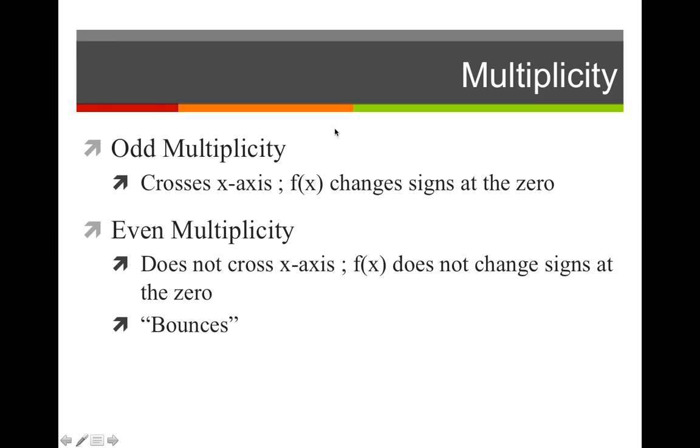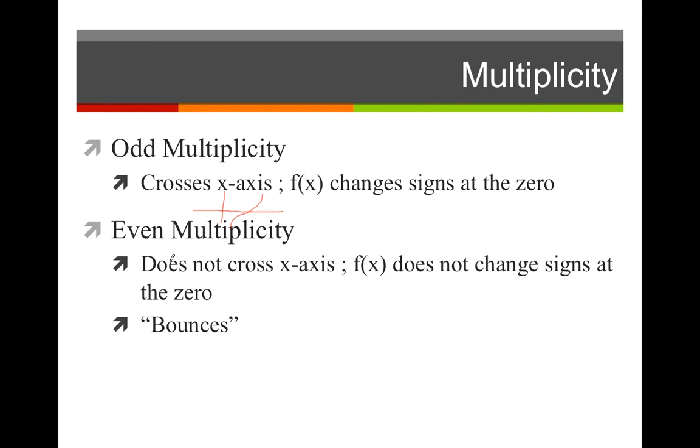So this is what I was mentioning on that last page. If you have an odd multiplicity, it crosses the x-axis, and it actually crosses like a cubic would. It would cross like this with this little squiggle through, like I did on that last problem. And f of x, the function changes sign, so it goes from negative to positive or positive to negative.